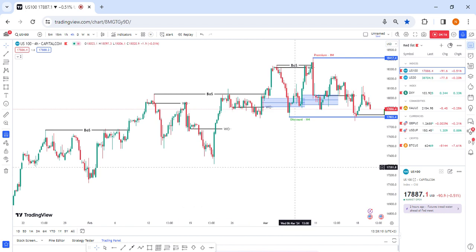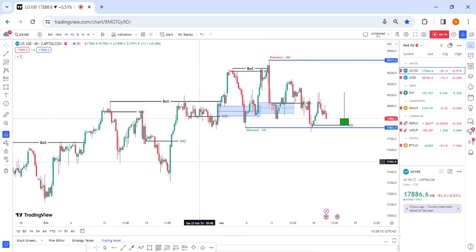So again, you can see the price on the 4-hour came into this OTE area and into a fair value gap, pushed up, didn't finish breaking out of this range within this bullish setup here.